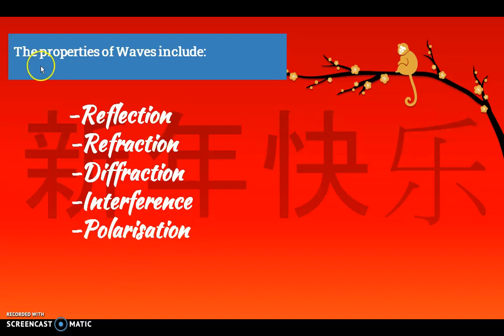I repeat, the properties are reflection, refraction, diffraction, interference, and polarization. But because of want of time, we are going to be looking at the first 4.